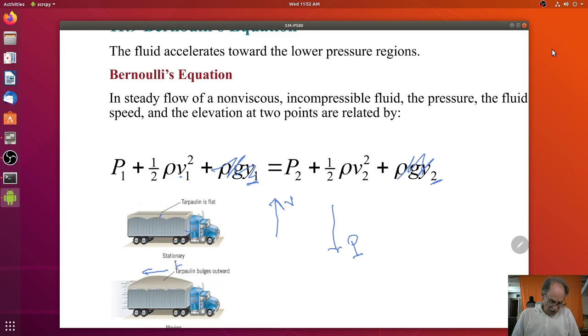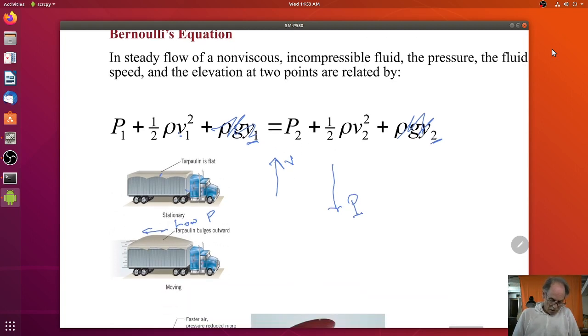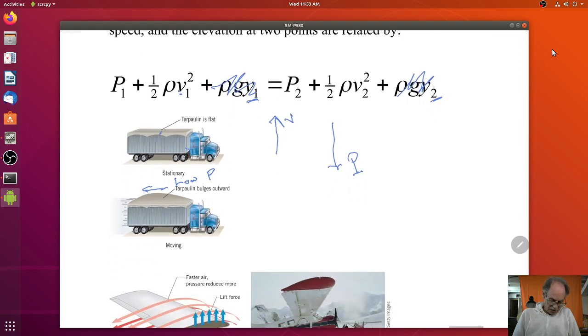So this is going to have low pressure when it starts moving. That means that the pressure underneath the tarp is going to be bigger than the pressure above the tarp, and so the tarp will puff up like that. That's Bernoulli's principle in action.